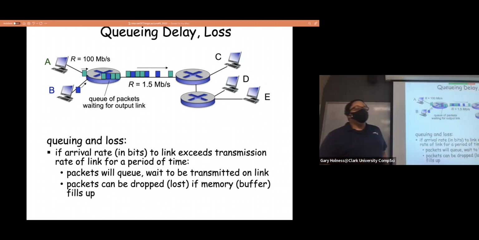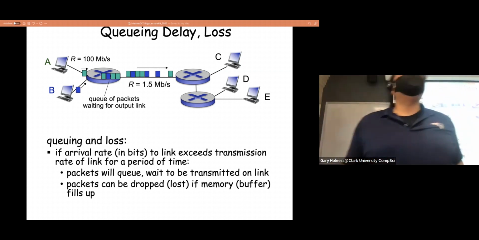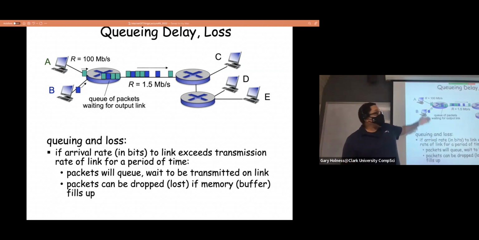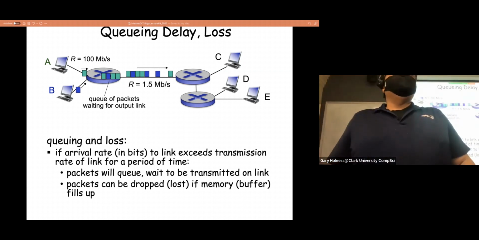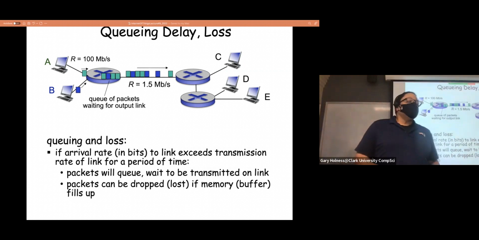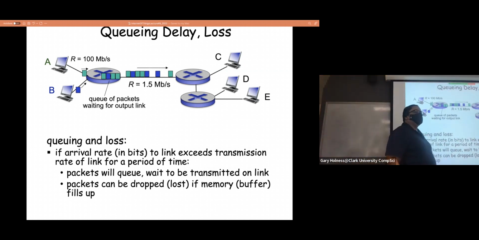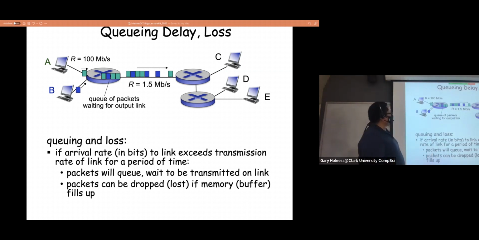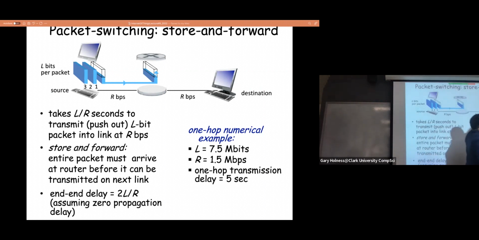So that being the case, buffer space, like memory, is finite. So what happens if a packet arrives at the router, needs to be stored because it needs to stand in line, and there's no more space left? Well, it gets dropped. And so that's called loss. And that loss can be very, very detrimental because, like we saw in the previous diagram, you pay the cost of delay across 2 hops.